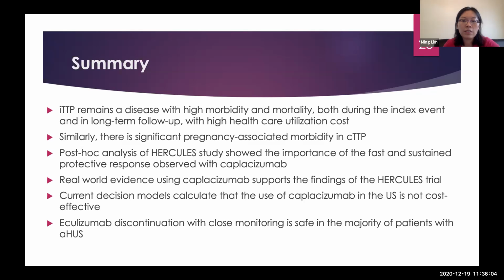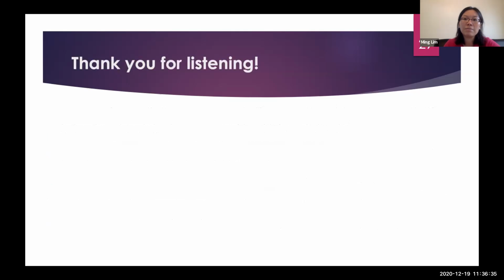Post-hoc analysis of the HERCULES study showed the importance of fast and sustained response observed with eculizumab, and the real-world evidence used in multiple countries now supports the findings of the HERCULES trial. However, based on the cost in the US, current decision models calculate that the use of eculizumab in the US is not cost-effective. And finally, in the atypical HUS realm, eculizumab can potentially be safely discontinued as long as close monitoring is available. Thank you for listening.